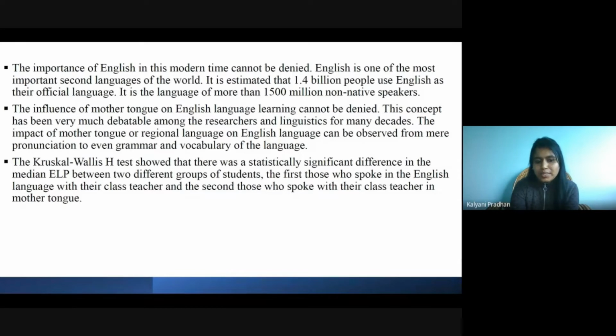The Kruskal-Wallis test showed that there was a statistically significant difference in the median ELP, English language proficiency, between two different groups of students. The first are those who spoke in English with their class teacher, and the second are those who spoke with their class teacher in mother tongue.